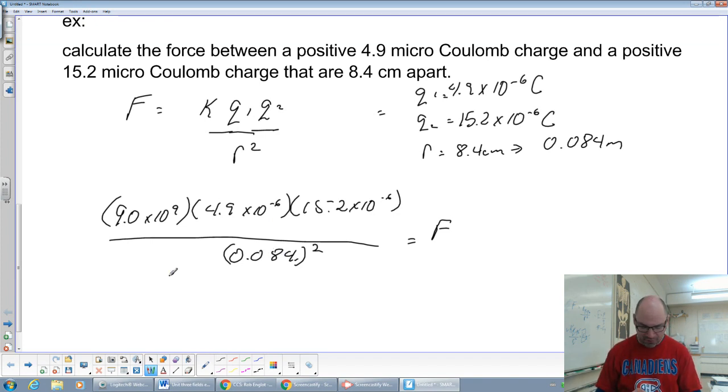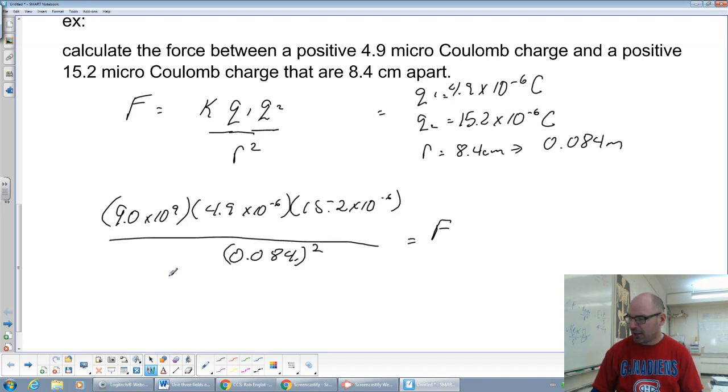Okay, so let's do the math. 9, scientific notation 9, times 4.9, scientific notation negative 6, times 15.2, scientific notation negative 6. Okay, divided by 0.084 squared.